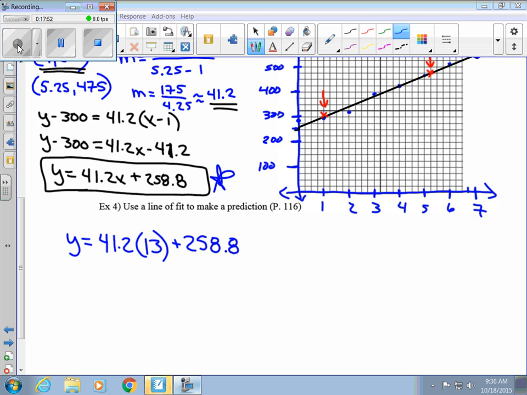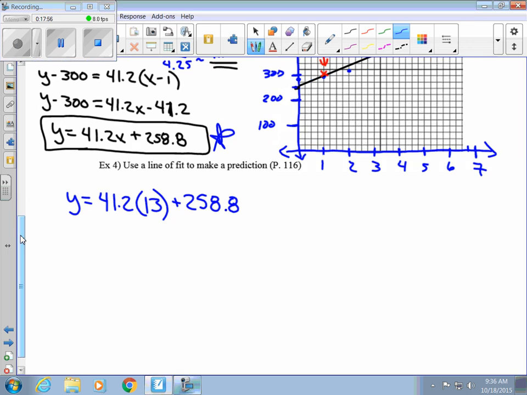So now we're going to calculate what that is. 41.2 times 13 is 535.6, plus our 258.8. And that's going to give us approximately 794.4.